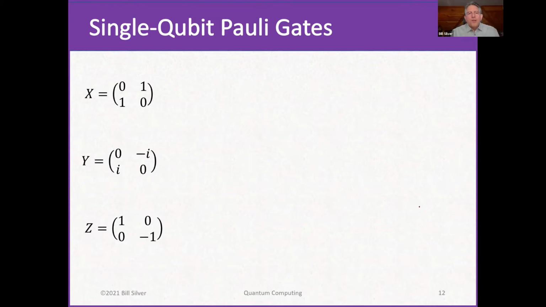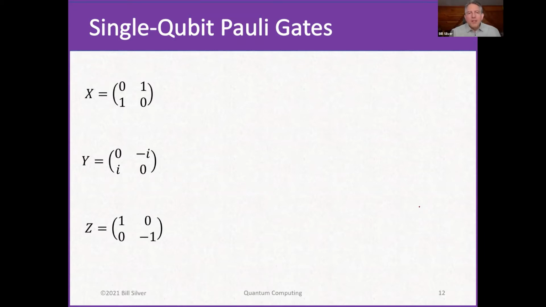But there are 2 others, the Y and Z gates, and these are called the Pauli gates after Wolfgang Pauli, the physicist who used them for other purposes than quantum. I'm not entirely familiar with what Pauli did with them, although I think you can combine them to achieve any rotation you want if you do it the right way. But in any event, these are gates that are often used in quantum computing.